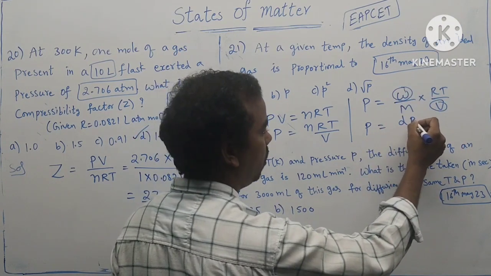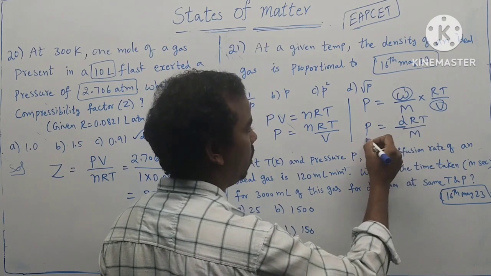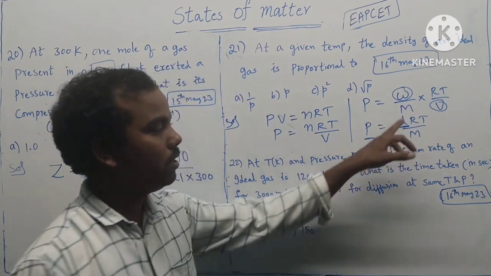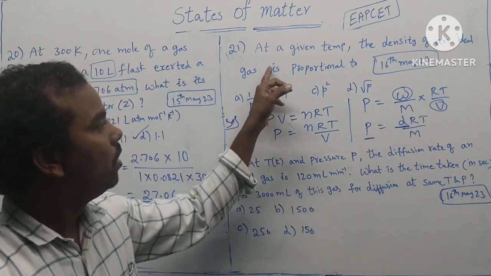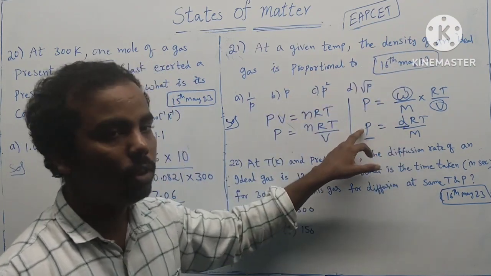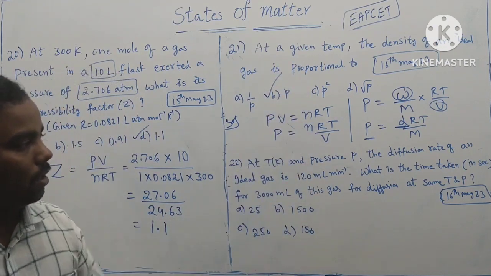So P is equal to dRT by M. So here d and P are directly proportional. That means density is directly proportional to pressure. So answer P, option B, very easy.